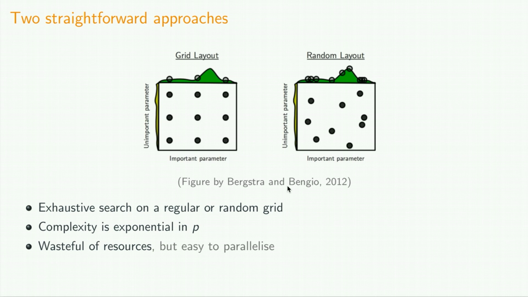A slightly better approach in this family of approaches is random search, having a random grid. So here, instead of a regular grid, we generate a random set of hyperparameter configurations and evaluate them. And the advantage here is that if there are some dependencies, correlations between the hyperparameters, or some are unimportant, well, we will be more robust, and we will be depending on the effective dimension of the different hyperparameters rather than the real dimension.